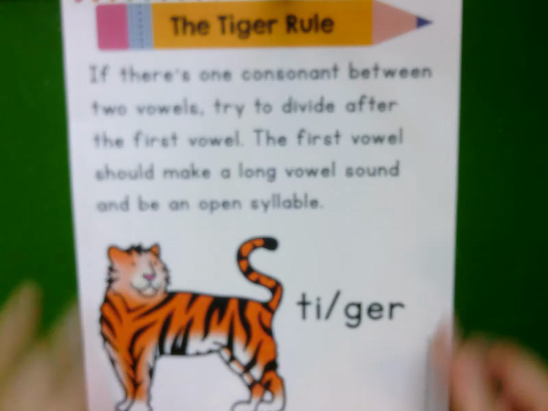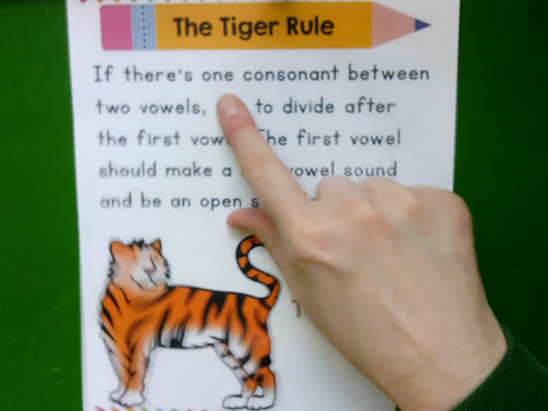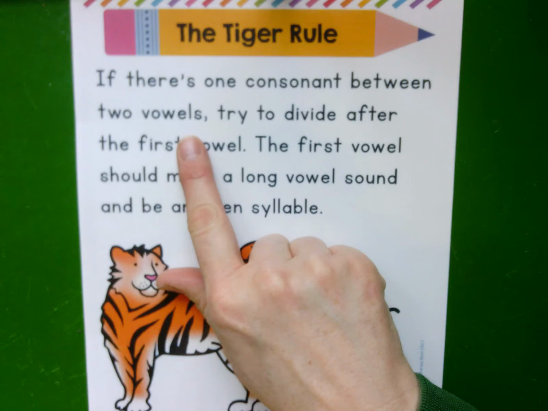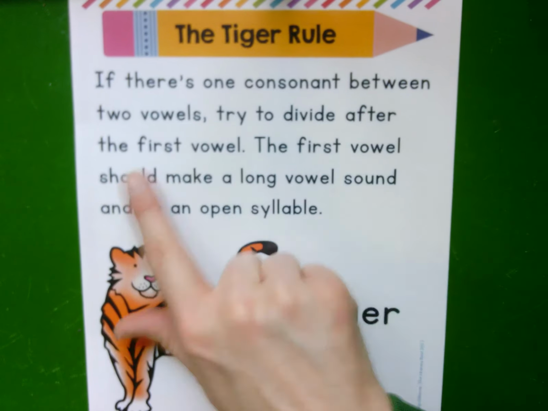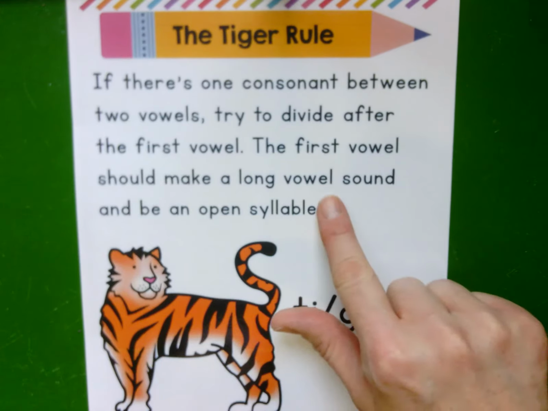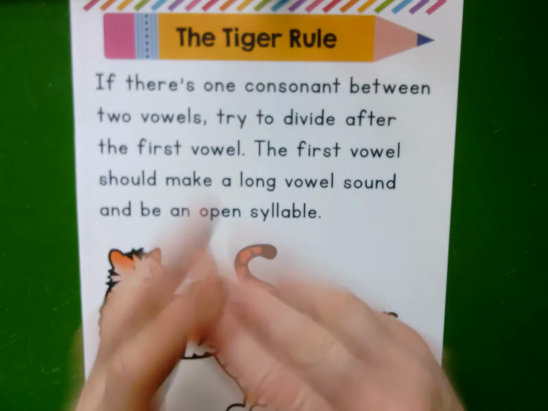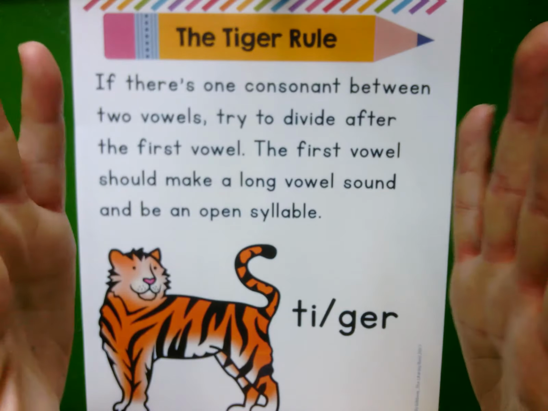So one of our syllable rules that we were working on is the tiger rule. If there's a consonant between two vowels, try to divide after the first vowel. The first vowel should make the long vowel sound and be an open syllable. And that open syllable is going to make that long sound.